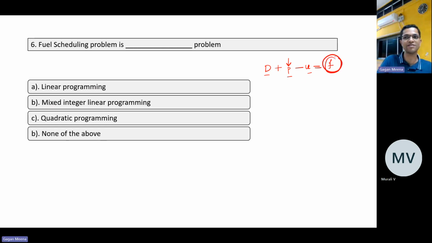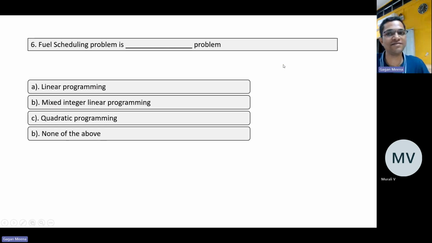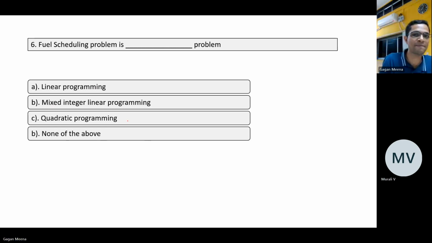And we want to minimize the cost of this fuel. So how much should be purchased and when, and when to utilize it, that is the problem. All these are linear equations, right? Similarly, even in scheduling, the objective function is also linear. So it is a linear program.